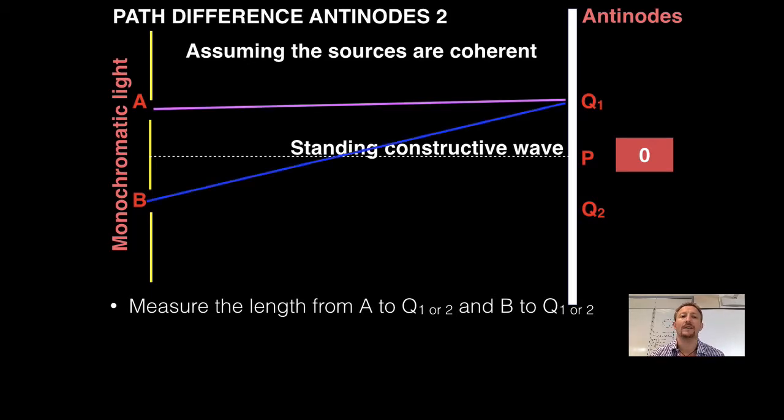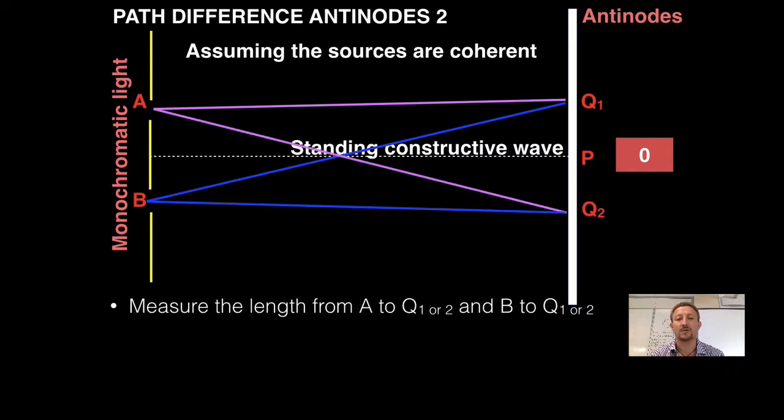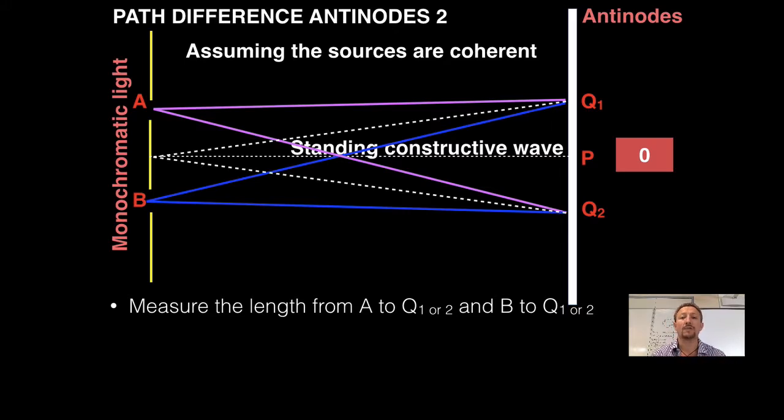And what we will find, if I do A to Q1 minus B to Q1, that will give me a path difference, but I can also do A to Q2 minus B to Q2, which will also give me the same path difference. One will be negative, the other will be positive. All that means it's either above the 0 order or below the 0 order. Both of those will produce a standing wave as they interact. Remember, they're coherent, so they will be in phase with each other, and hence they'll produce an antinode.